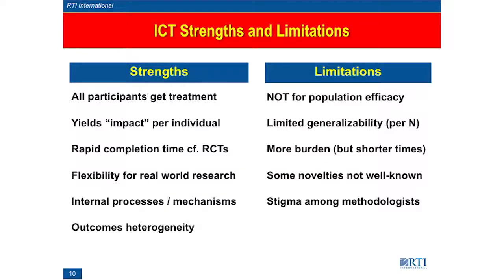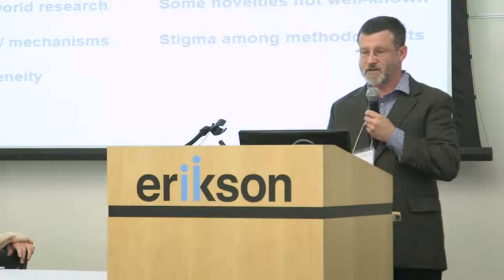So if attrition or participation rates are an issue, it's a really strong motivator that all participants get treatment in these things. It also yields an impact per participant, so they're going to get personal results from what that treatment can do for them. And that can be another strong motivator, not just to participate, but to complete the study.